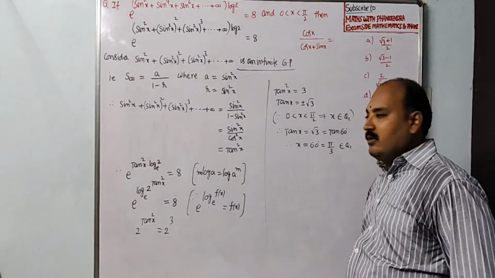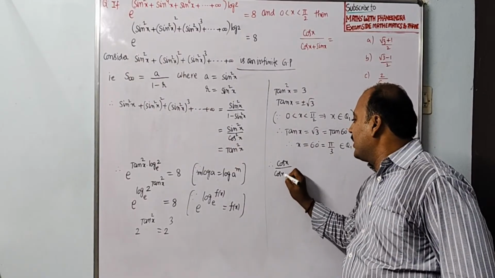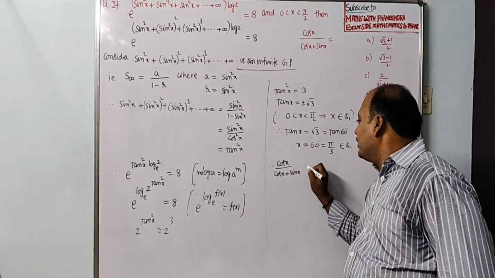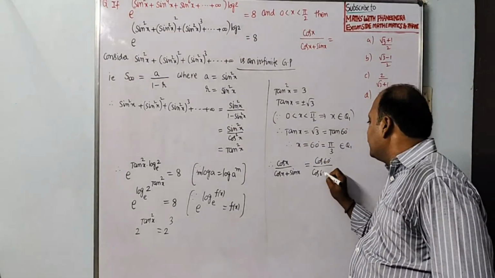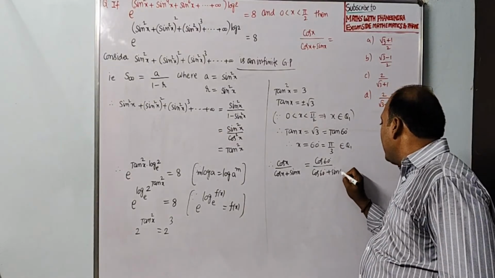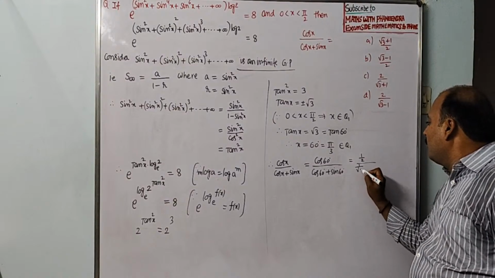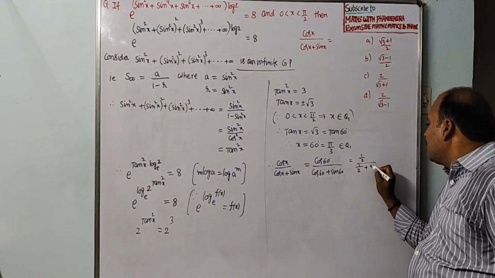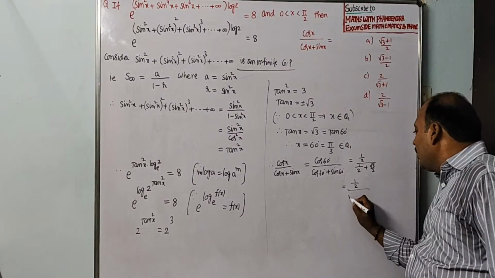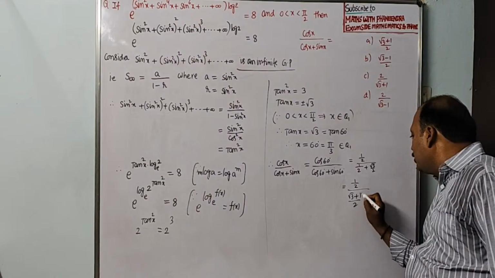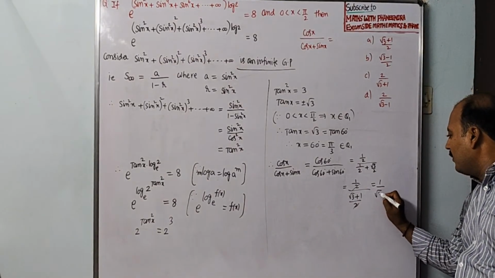This belongs to quadrant 1. Therefore the required value, cos x by cos x plus sin x, is cos 60 divided by cos 60 plus sin 60. Cos 60 is 1 by 2, sin 60 is root 3 by 2. Taking the LCM 1 by 2, we get root 3 plus 1 divided by 2, and the 2s cancel. You get 1 by root 3 plus 1.